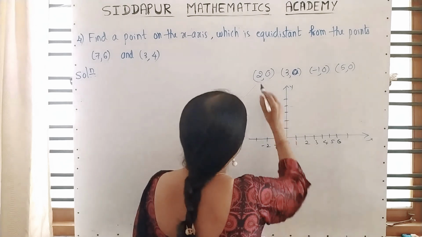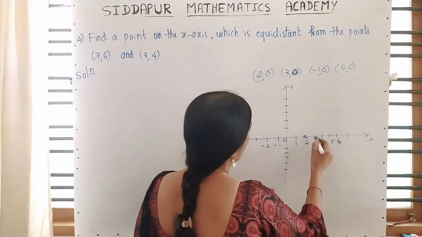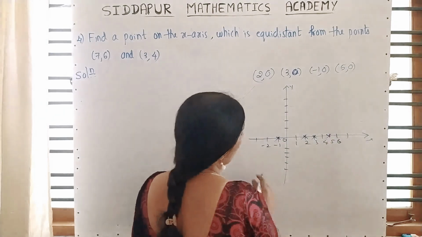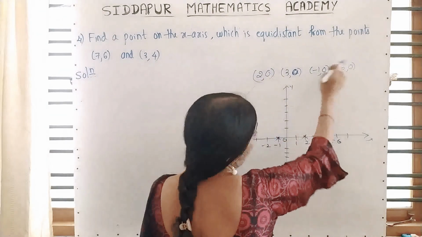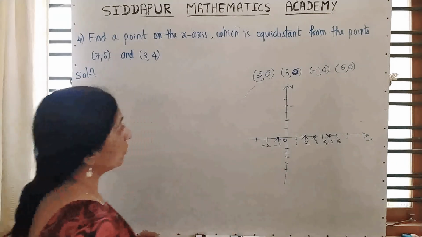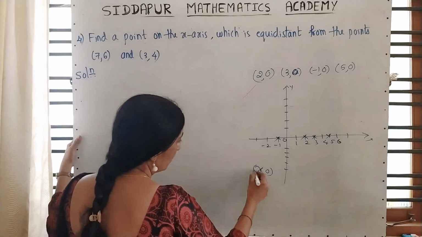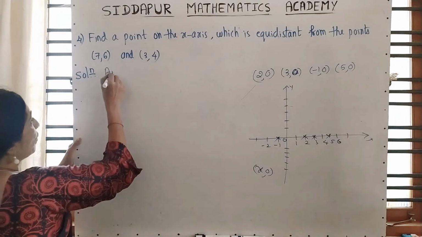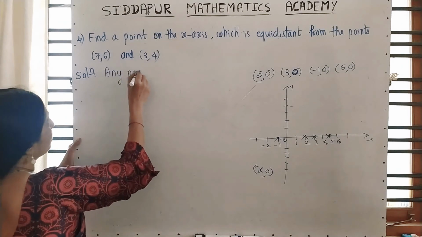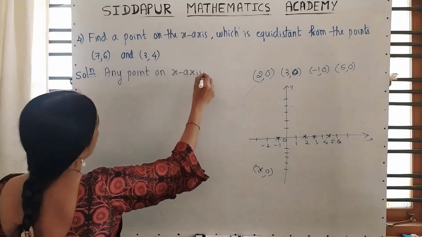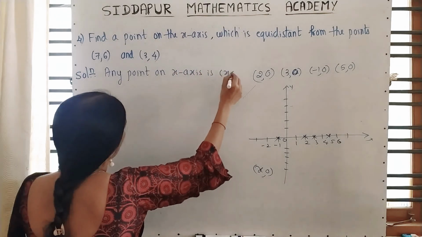If you mark, 2, 0 comes here, 3, 0 comes here, minus 1, 0, 5, 0. That means what you are observing, all the y values are 0. That means in general, how you write? In general, we will write (x, 0). See, any point on x-axis is (x, 0).